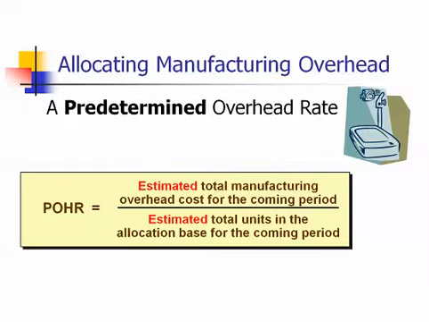The predetermined overhead rate was based on estimated total overhead costs and a single estimated activity level or base. Common activity bases included units of output, direct labor hours, machine hours, or perhaps direct material costs.